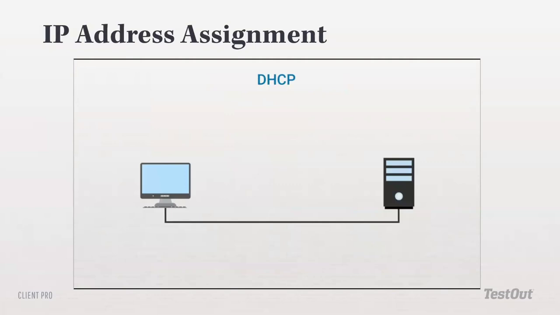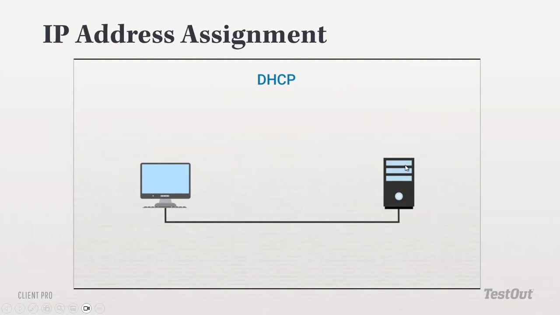But rather than doing that manually and having to keep track of it all, it's typically much easier to use a process called DHCP, or Dynamic Host Configuration Protocol, where a computer, once it comes online, gets its IP address from a designated server, which has a pool of addresses that it makes available.